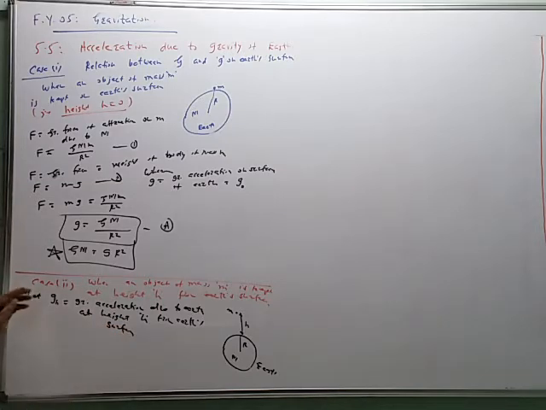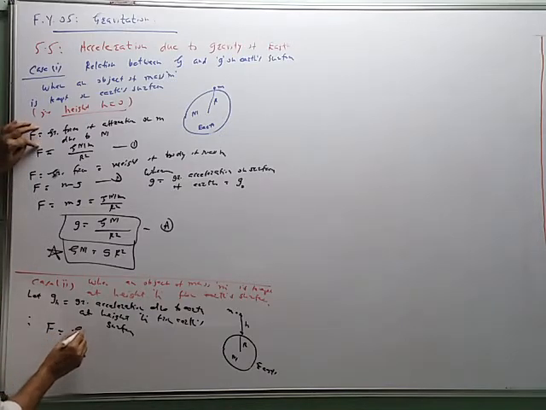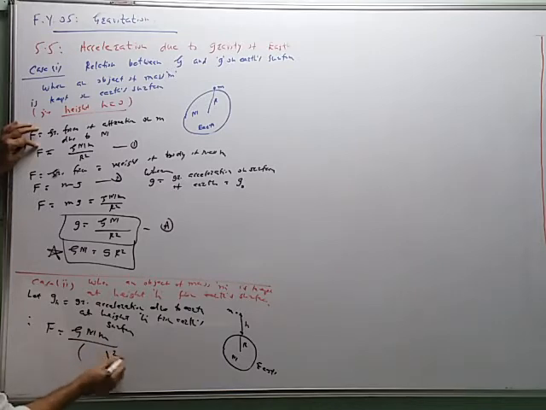So we have to find the relation between these, and therefore, by Newton's law of gravitation, force F is equal to G M m upon distance square. But now the distance is R plus h.